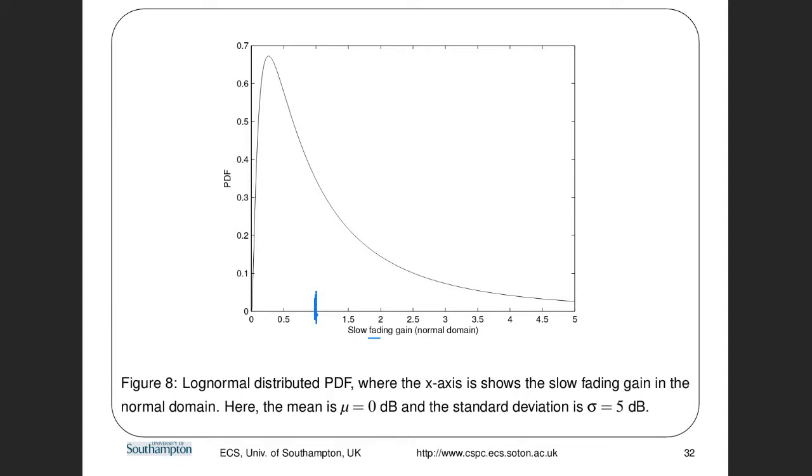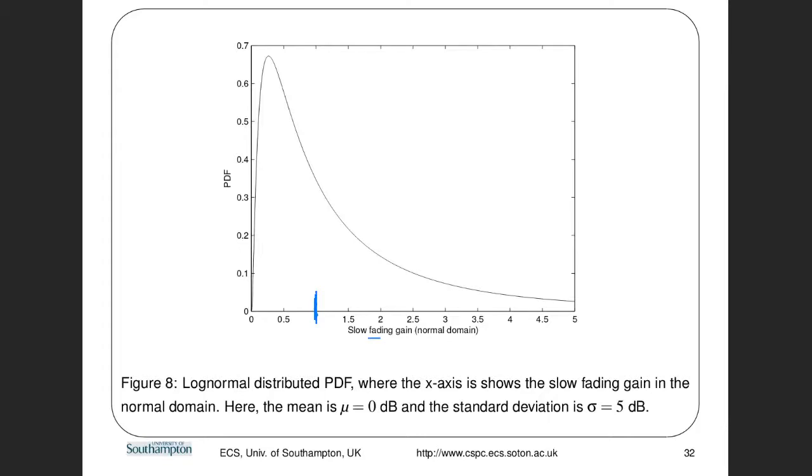So the area under the curve is the same between the left and the right. This is the shadowing effect, which is the second level, the sudden blockage.